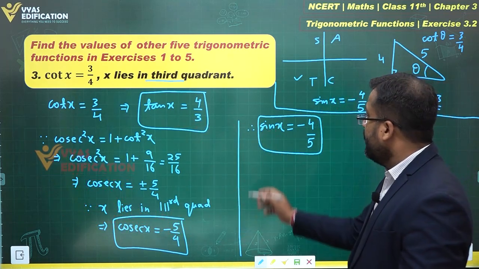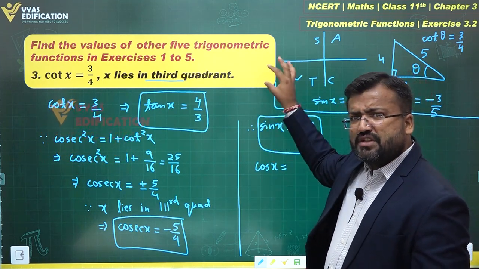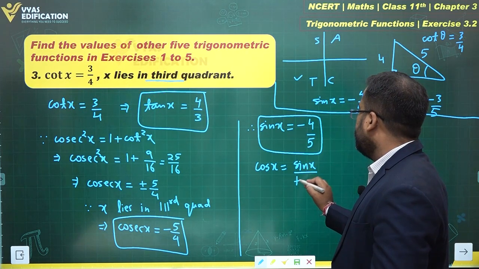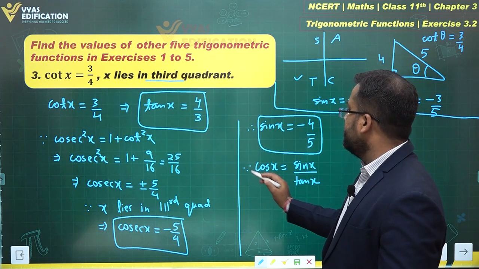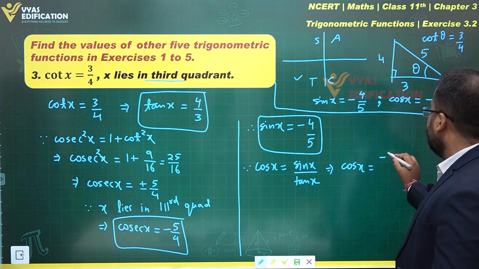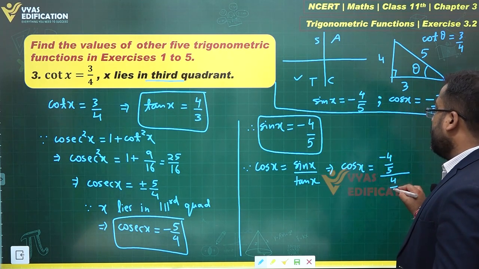How do we find that? Since tan x equals sin x upon cos x, cos x would be equal to sin x over tan x. This implies cos x will be equal to sin x, which is minus 4 upon 5, whole divided by tan x, which is 4 upon 3.